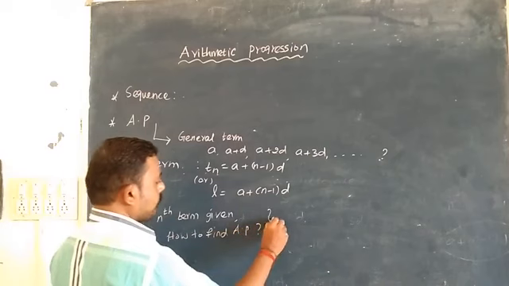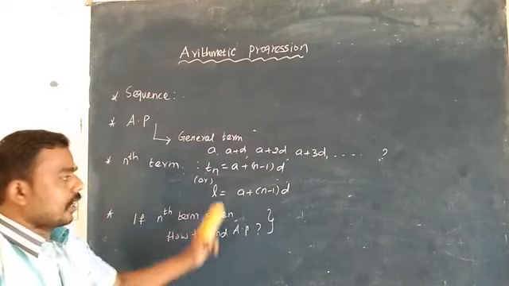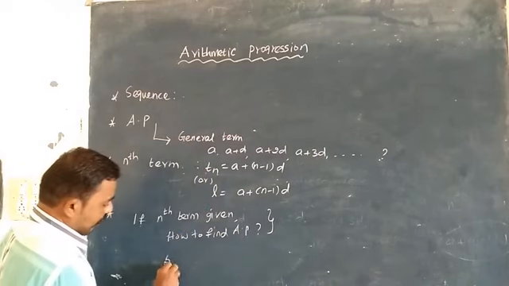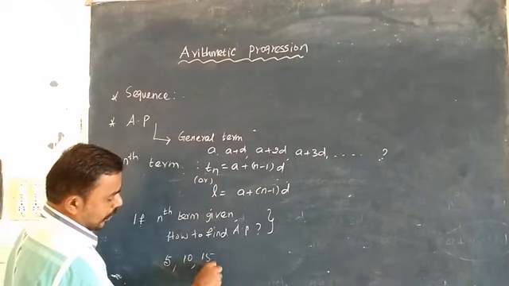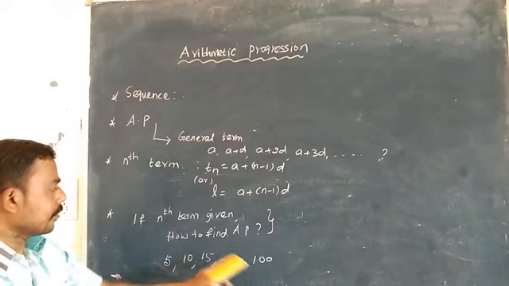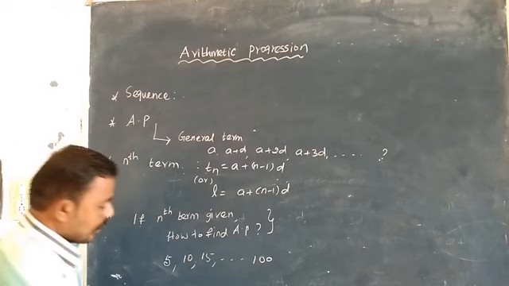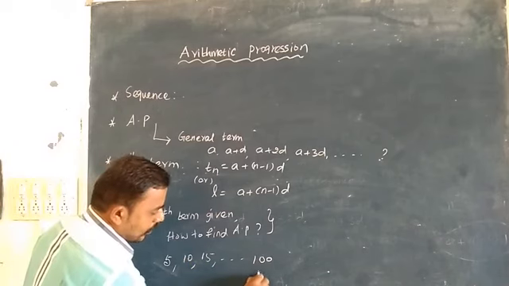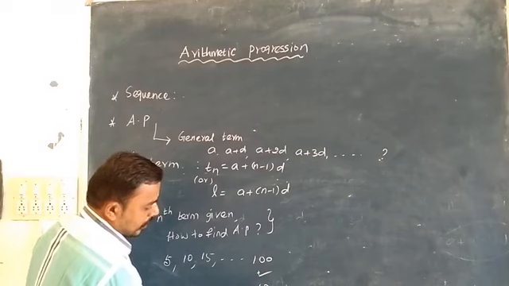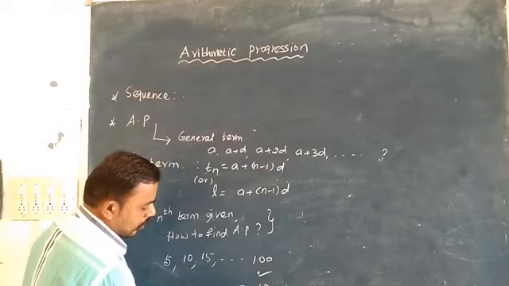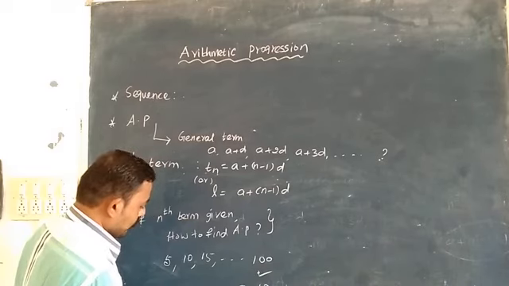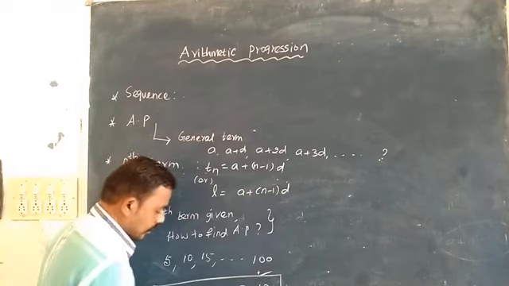That is the question. The nth term means the last term. So the last term means 5, 10, 15 up to 100. Now if the last term 100 is given directly, we need to find this AP as 100, 95, 90, 85 like that.